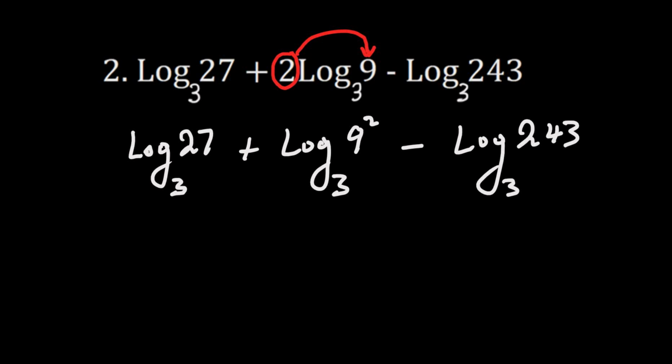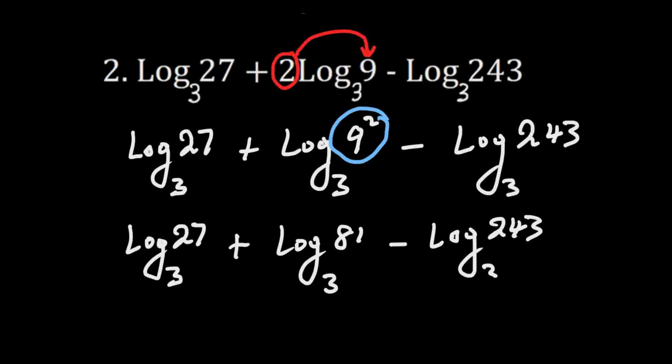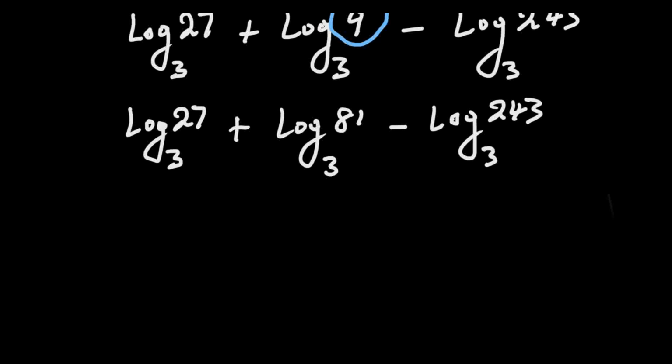And this is simply 9 squared, and that is 81. So this will be equals to log 27 to base 3 plus log 81 to base 3 minus log 243 to base 3.